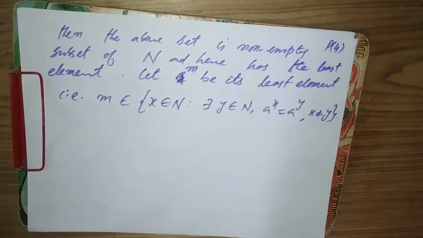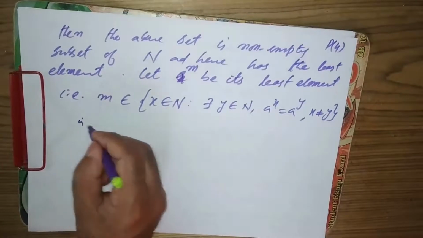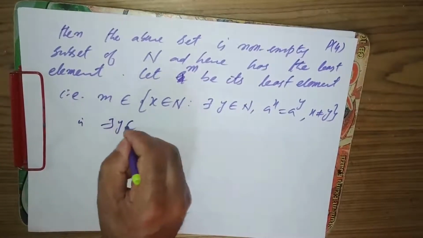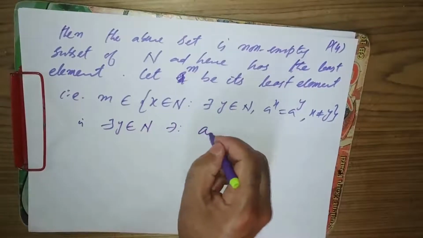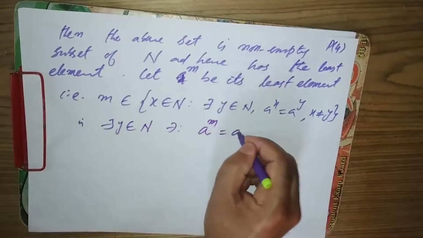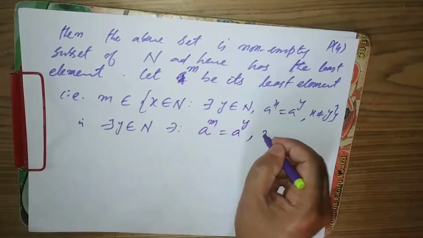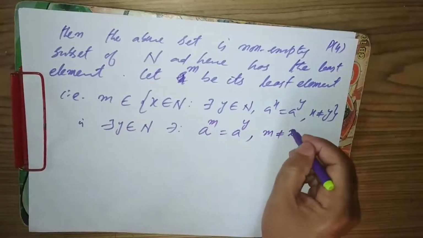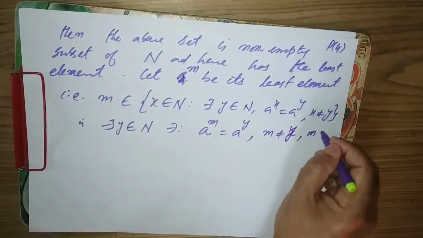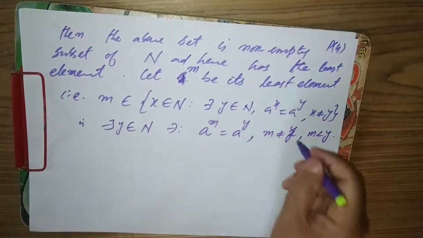So therefore there exists Y in N such that a power M is equal to a power Y, where this M is not equal to Y. So obviously this M is greater than Y. This is trivial.